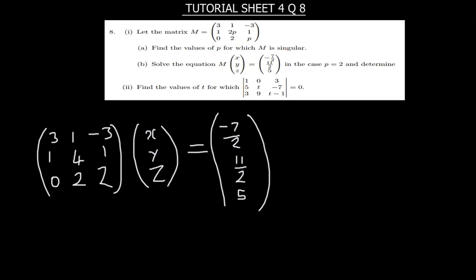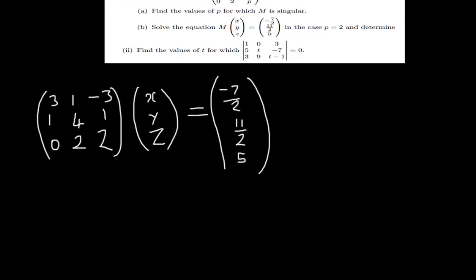So if you want, you can simplify it and then start solving it, but the best way to do this using the matrix method is to first find the determinant of this, as the question says.